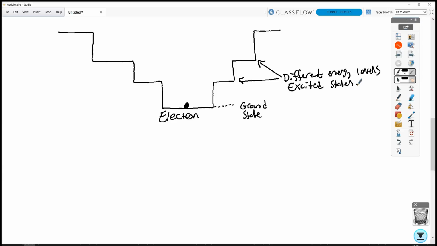It's either in the ground state, or it's in the first excited state, or it's in the second excited state. It cannot be between those different states. So when electrons gain energy to become excited, they have to have that exact amount of energy to become excited, otherwise they won't get excited.